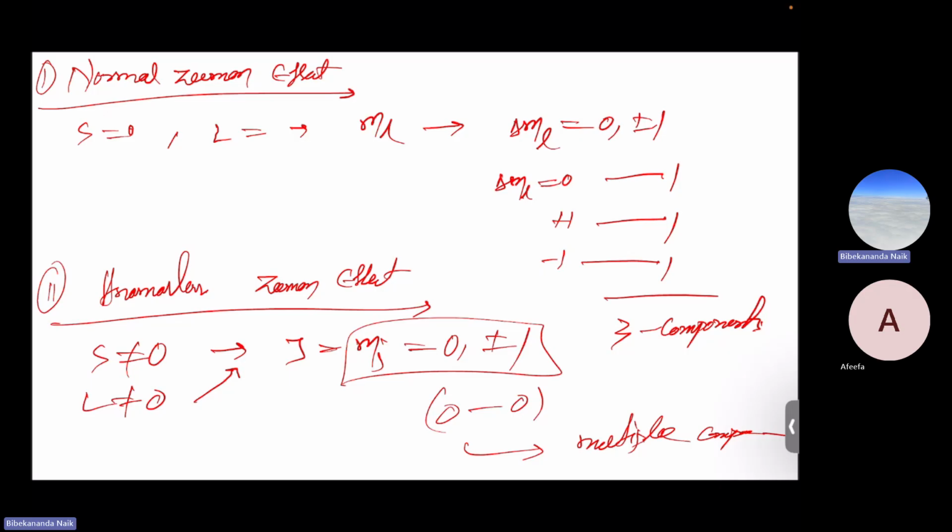But in the case of the Paschen-Back effect, when the magnetic field is too strong, the coupling between spin and orbital motion is broken, and they are arranged in terms of their ml and ms values. So in the Paschen-Back effect, both ml and ms have significance.